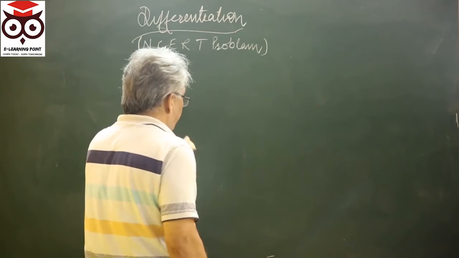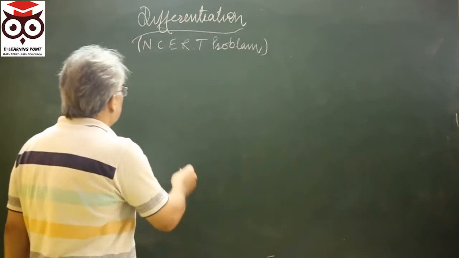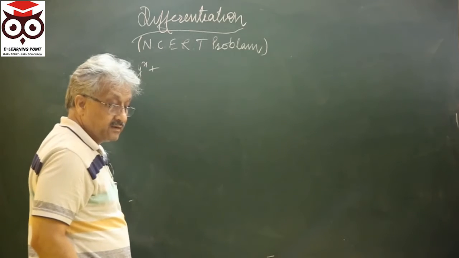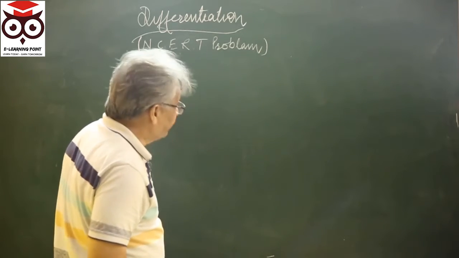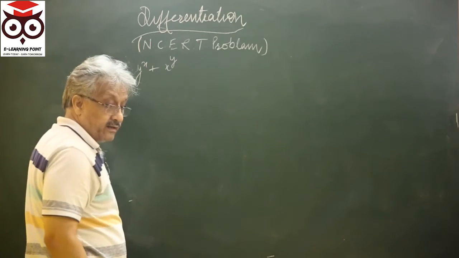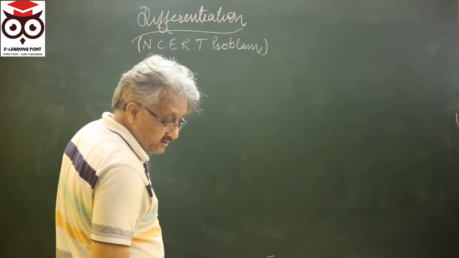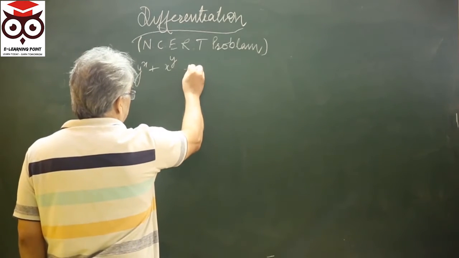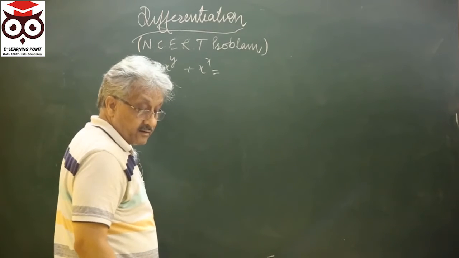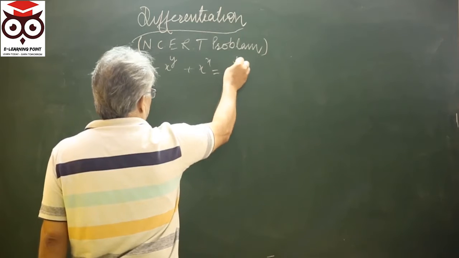From your example of NCERT. This is y to the power x plus x to the power y, and this is x to the power x, and this is a to the power b.